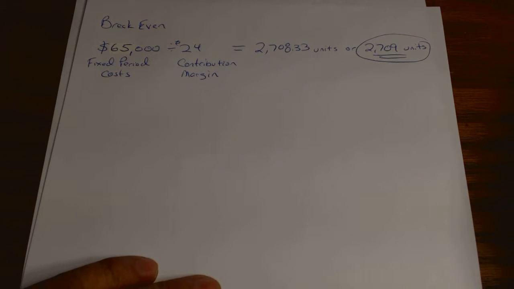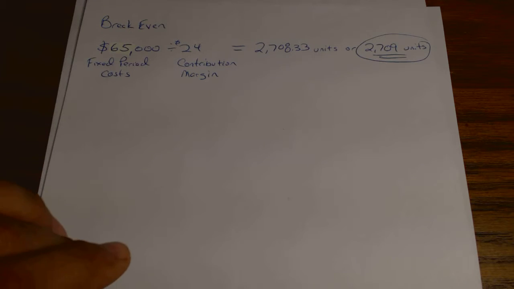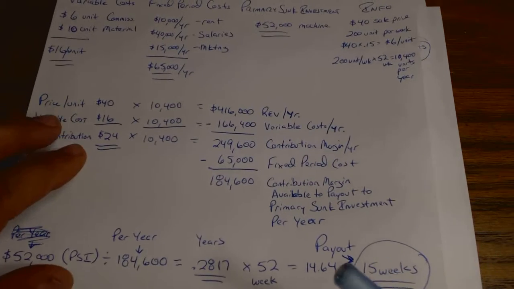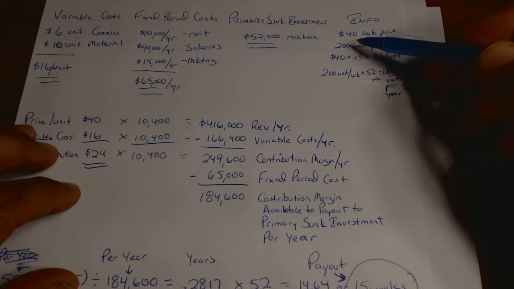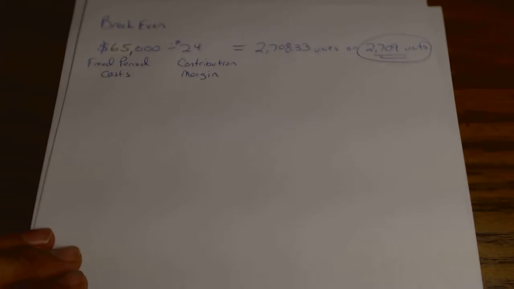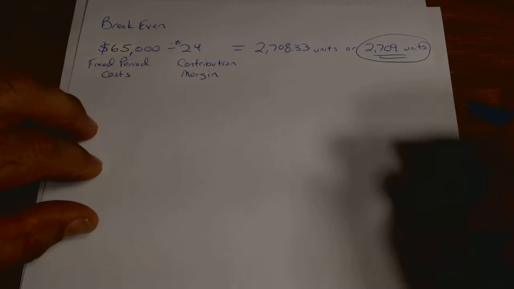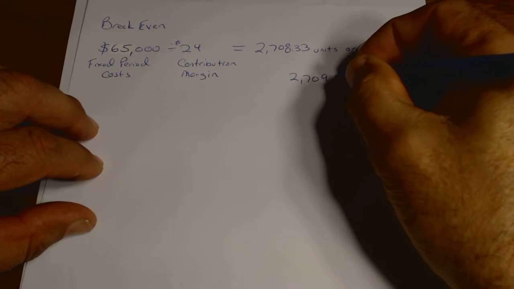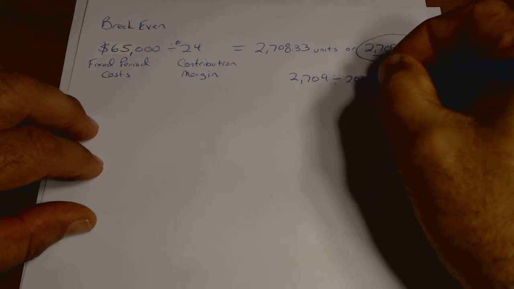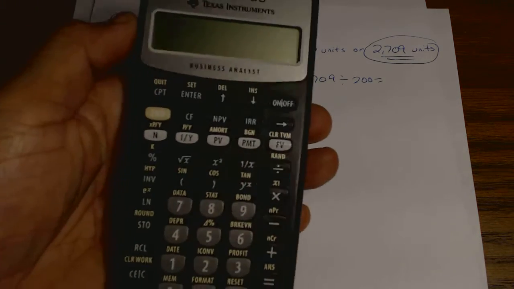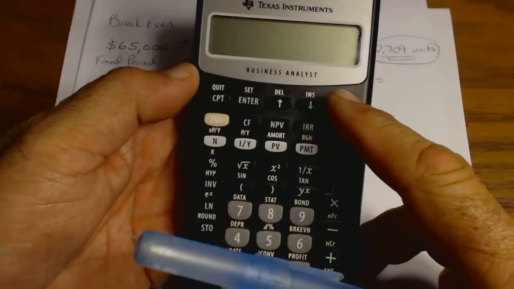Now, what if they ask you how many weeks would it take to break even? Well, if you remember from the info, they said you're making 200 units per week. So all you do is take the number of units, 2,709, divided by 200, and let's break out the trusty calculator. And remember, take your calculator to class.